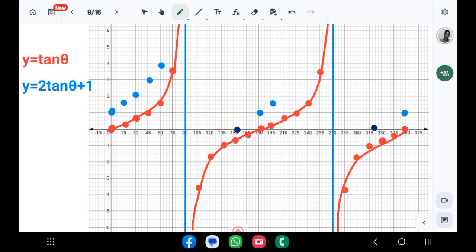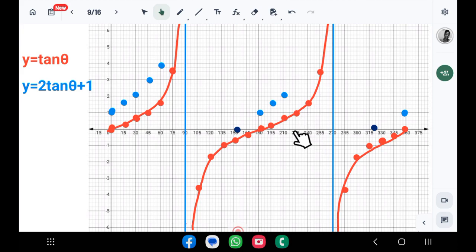Next, 210 matches with 30 degrees, and this is where it is. Oh, sorry, just over 2. Okay, there we go, just over 2. Next, 225 matches with 45.